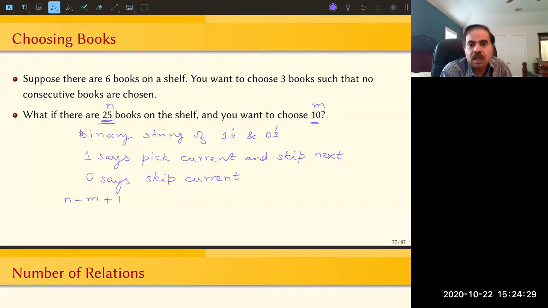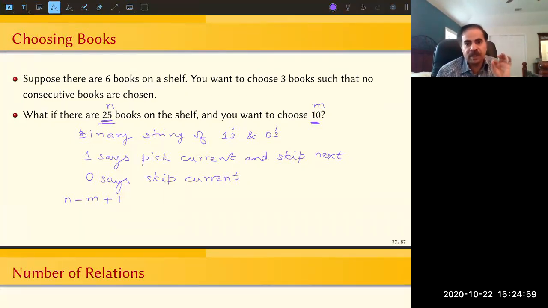Okay, so you can work through the details. Before I jump into this off-by-one, the idea is that each 1 is already going to tell us to skip the next one. So each 1 is going to account for 2 books, except the case where you're picking the very last book.